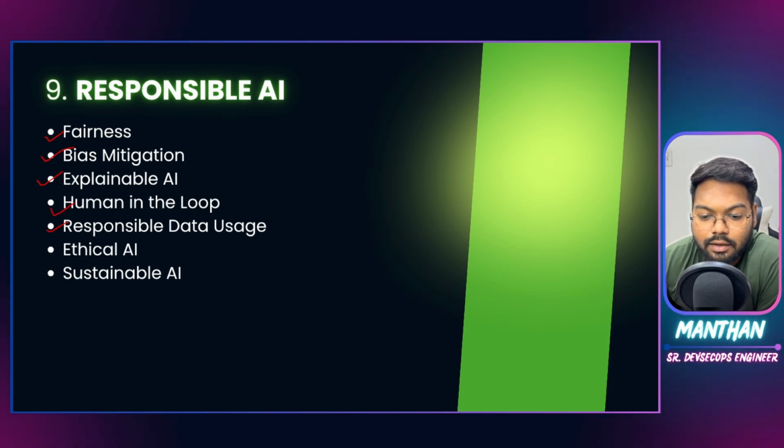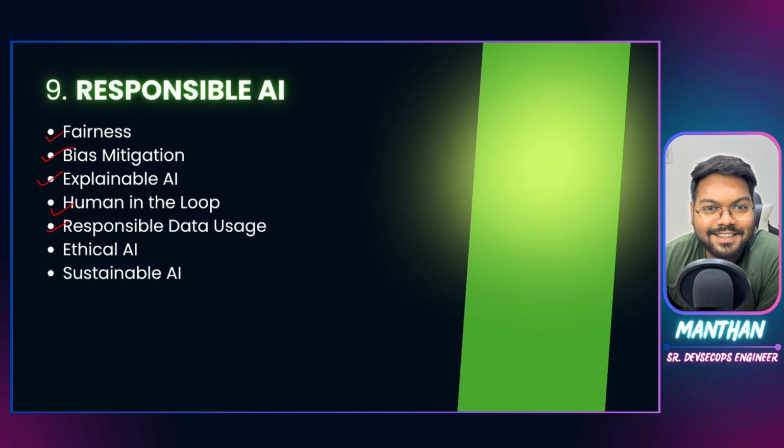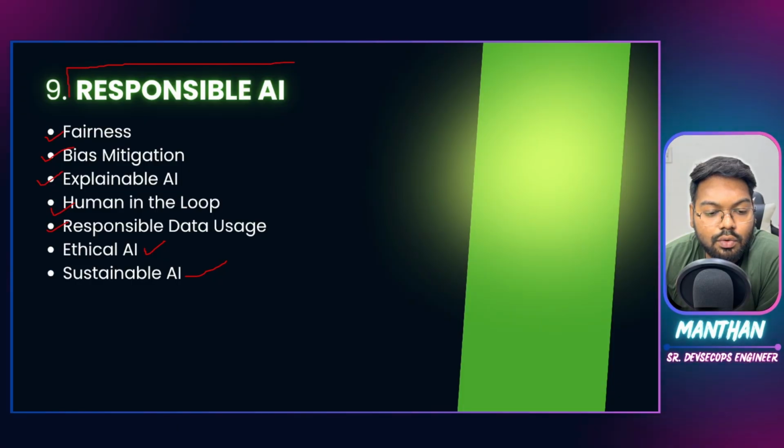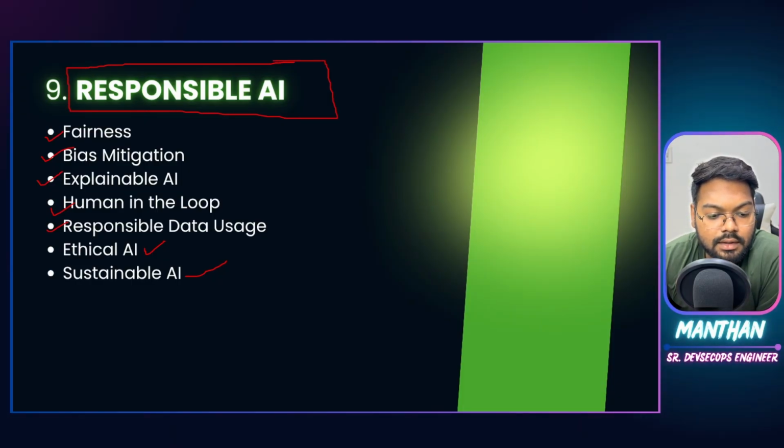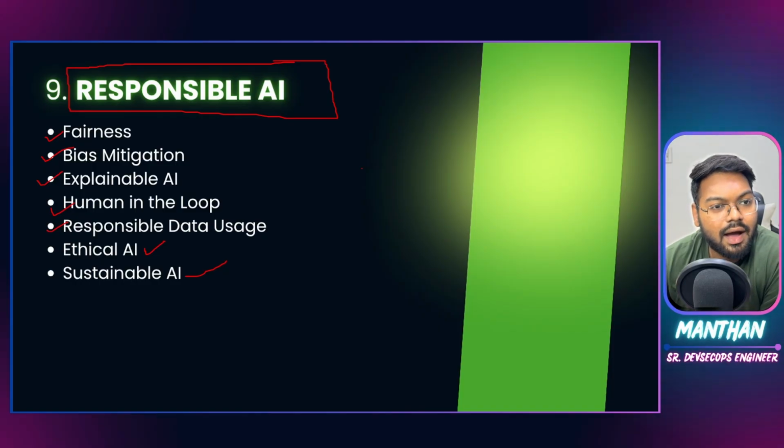Some people don't do that at all. Then ethical AI and sustainable AI is the goal that we have to set, to create a responsible AI. It should not be harming anyone, or be a cause of harm to other people.